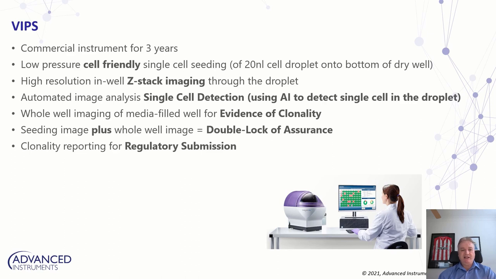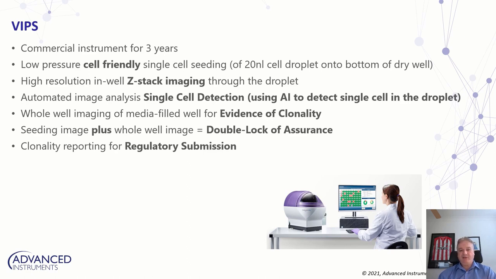And then uniquely to Solentim and the VIPS is that we use a combination of both the droplet image and the whole well image, and having a single cell confirmed in both of those pictures. That gives us our double lock of assurance. And then finally, we have the ability to put the representative images of the droplet and the whole well and the growing colony into a report that can be used with the regulator, for instance, as part of the IND process.